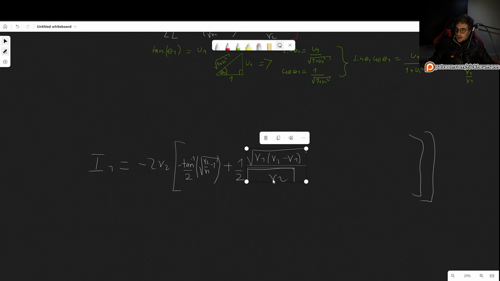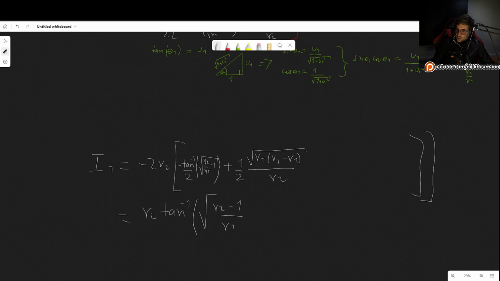There we go. And finally, multiply through by minus 2r2. So by doing that, we get r2 times the inverse tangent of the square root of r2 minus 1 over r1. And then we get minus, now the 2's cancel out, the r2's cancel out, square root of r1, r2 minus r1.